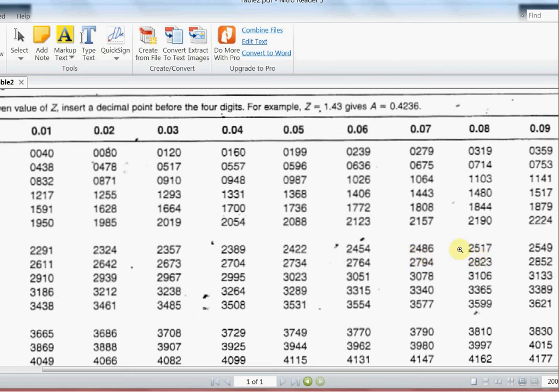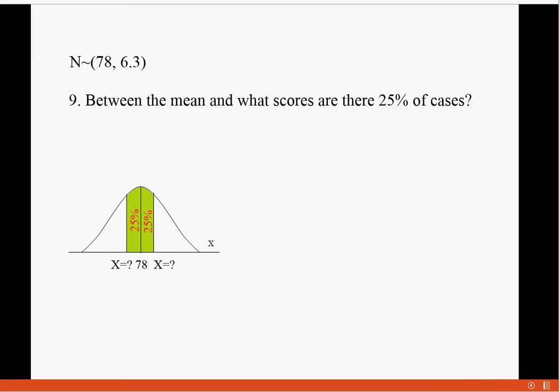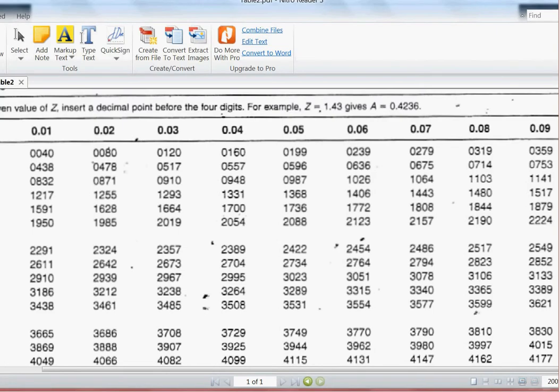So let's decide that we use this. Let me see which one I used. I obviously use this value. Okay, so let's decide we use this value. If we use these percentages, let's see what the corresponding z-score is here.